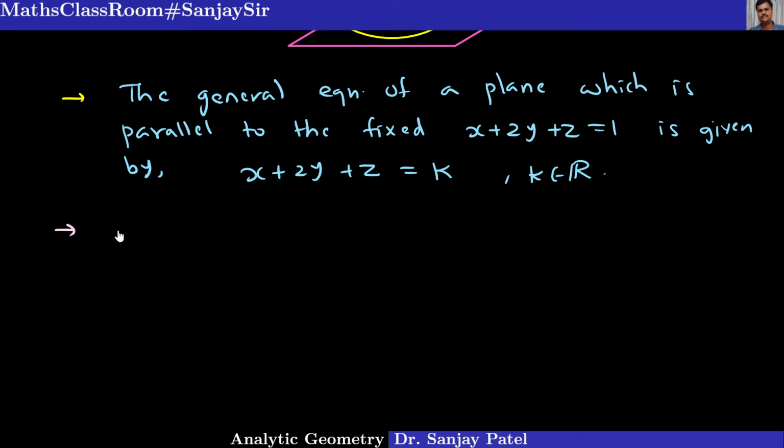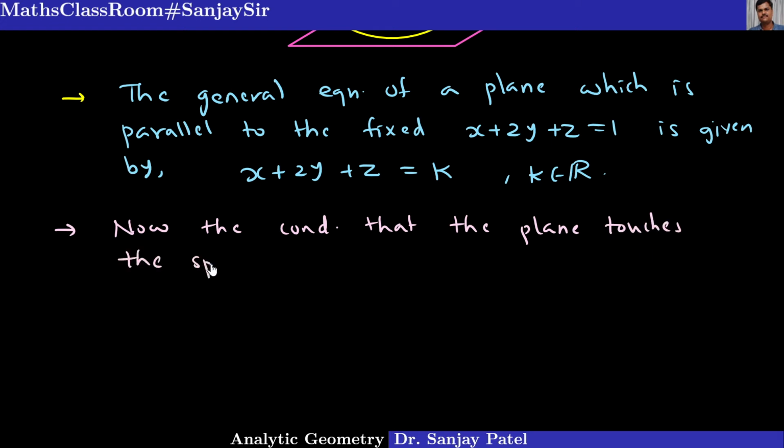The condition that the plane touches the sphere is L square plus m square plus n square into, say, a square is equal to p square.